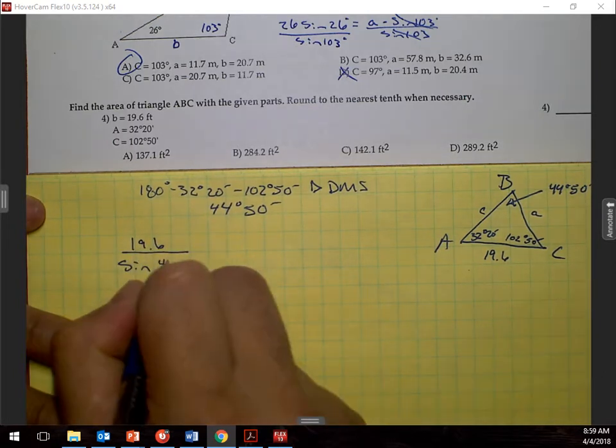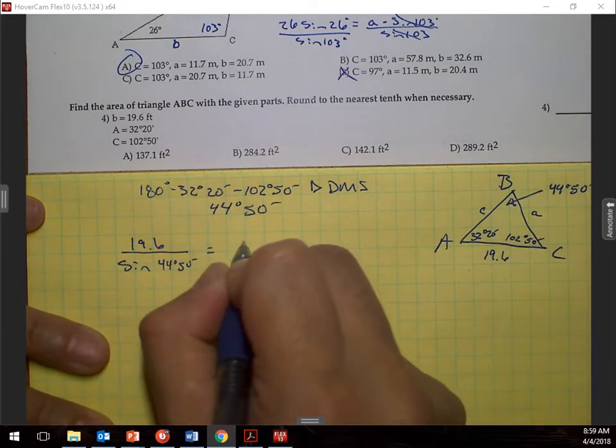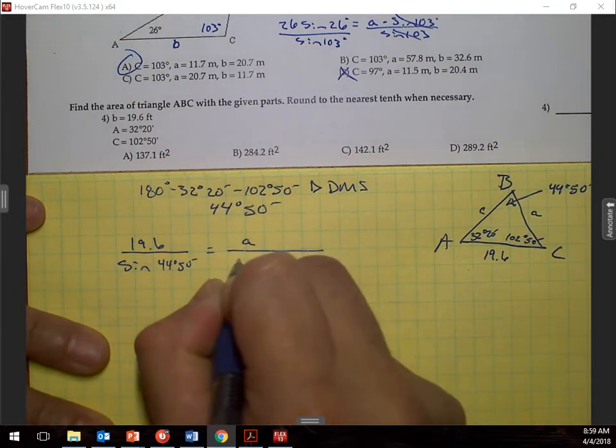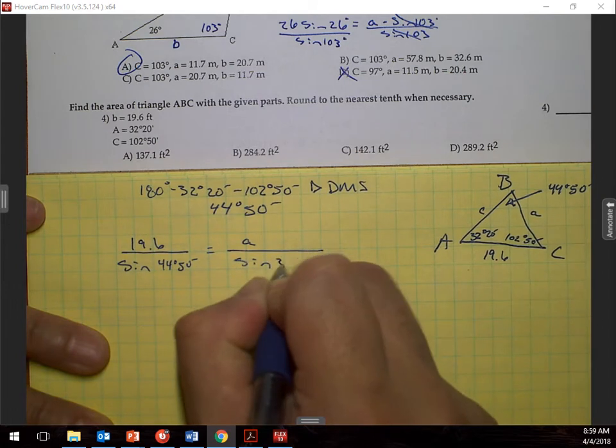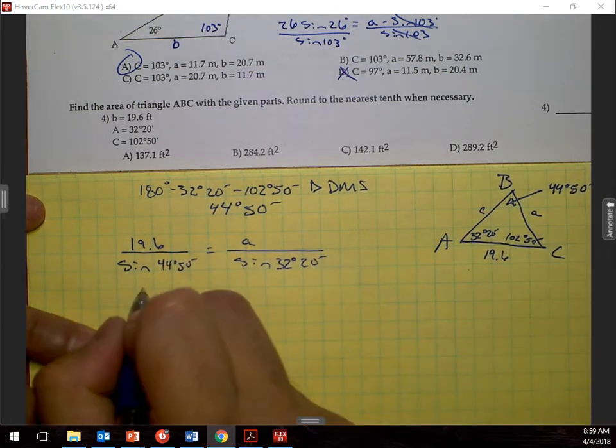Sine of 44 degrees, 50 minutes is equal to A over sine 32 degrees, 20 minutes. Cross products.